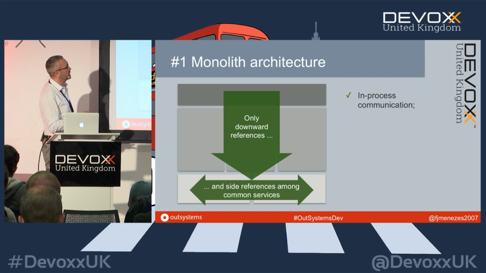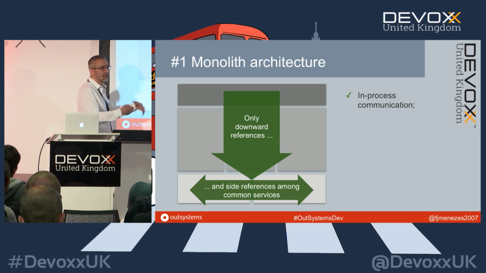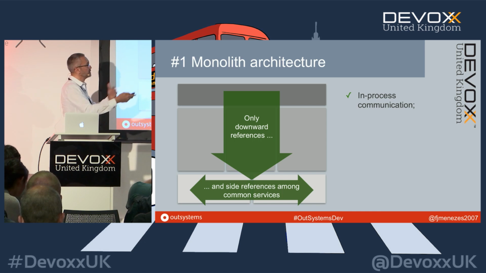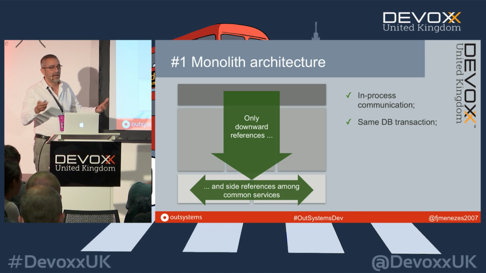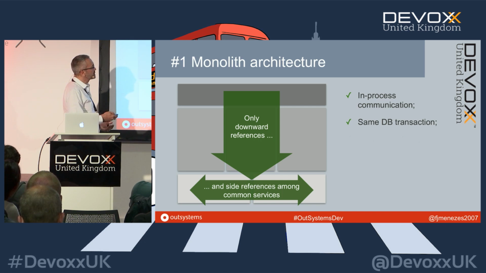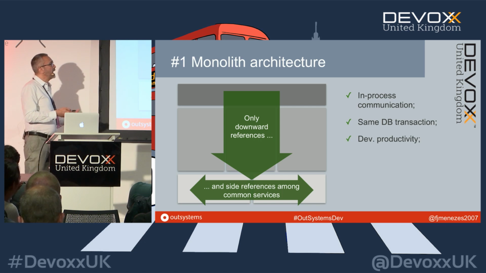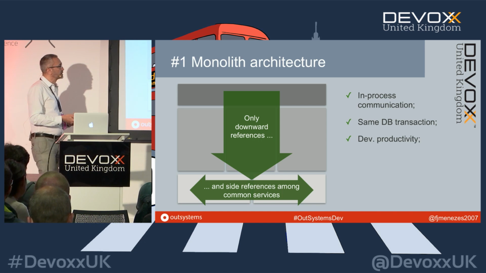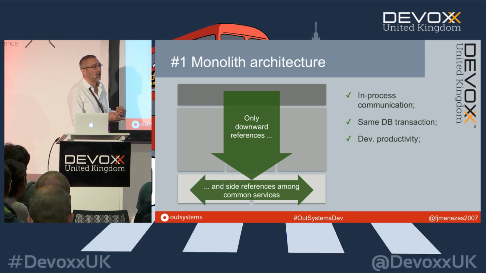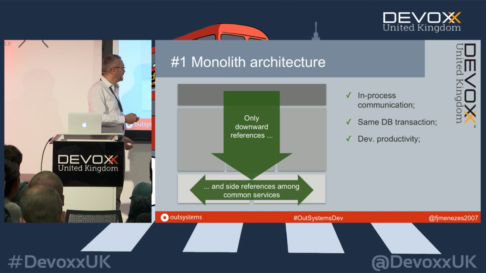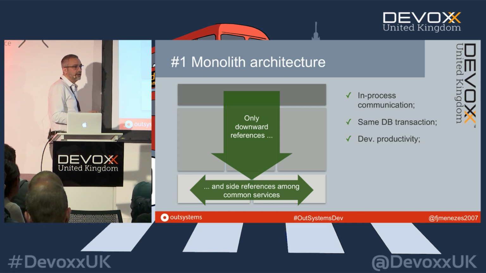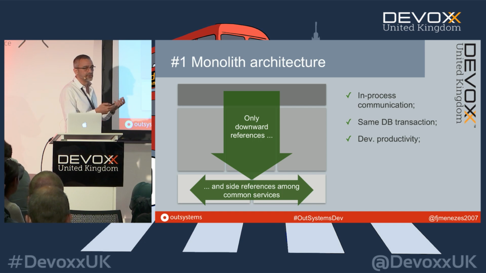One is in-process communication, so everything is compiled together in a single binary, a single process. You can also share the same database and the transactions. And this also adds some productivity because you have access to all kinds of objects. It's not just a REST API. You can even support your very complex objects that can be reused, right?